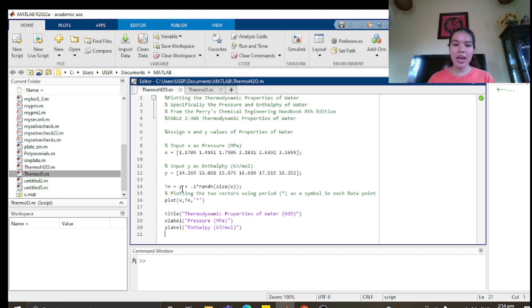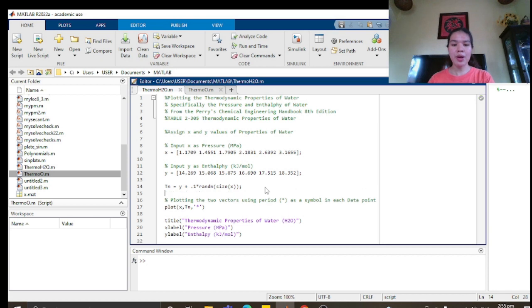Then the formula for Tn, which is y plus 0.1 times rand of the size of x. Then we're going to plot the two vectors using the asterisk as the symbol for each data point, which is the given x and the Tn, which is the formula given.